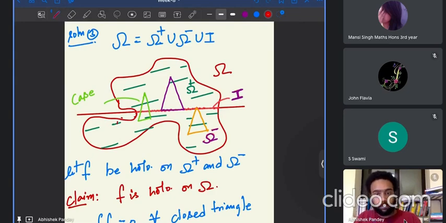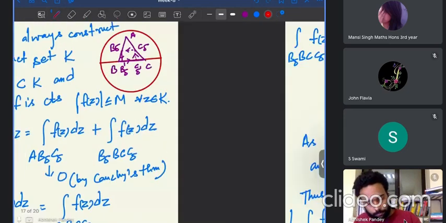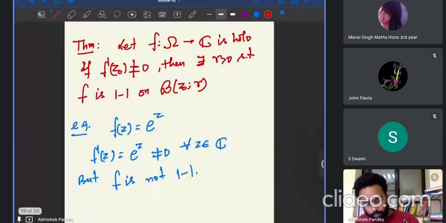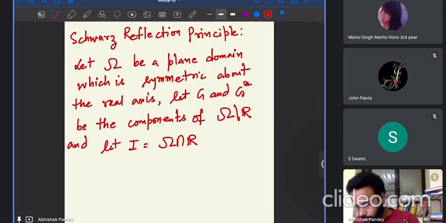But this kind of thing will be there. Like you just take this kind of domain. So this is symmetric, this upper part and this lower part, symmetric with respect to the real axis.